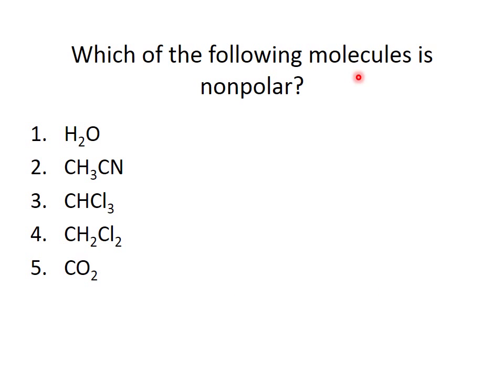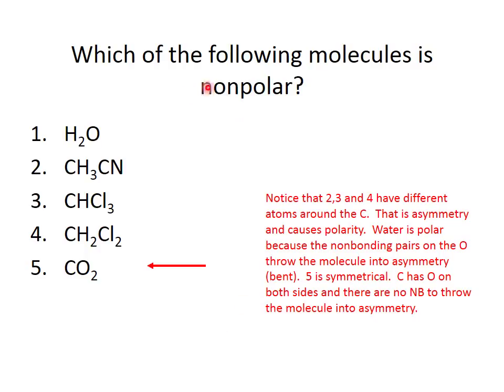Which of the following molecules here is nonpolar? Analyze these compounds and think about the 3-dimensional shape before you answer, and then restart the lecture. If you look at these, we have to put non-bonding pairs on the central atom. There's 2 non-bonding pairs here. Here there's no non-bonding pairs on the central atom, but there's a nitrogen with non-bonding pairs.